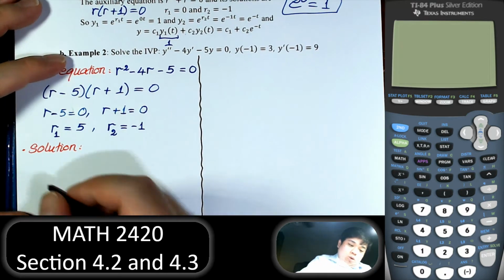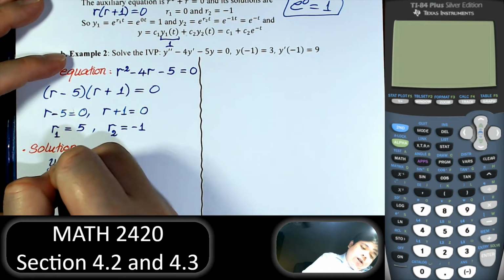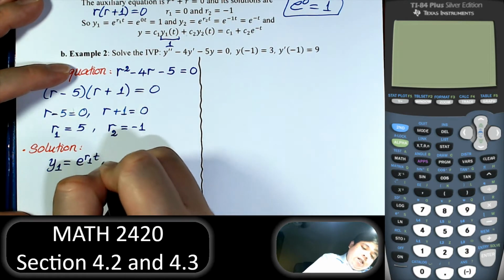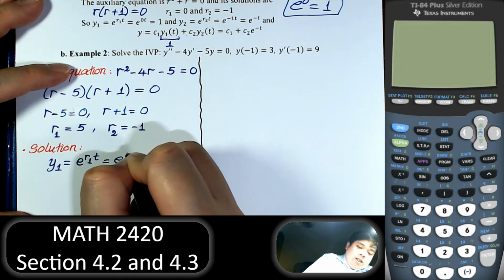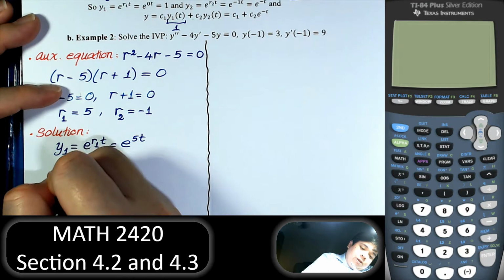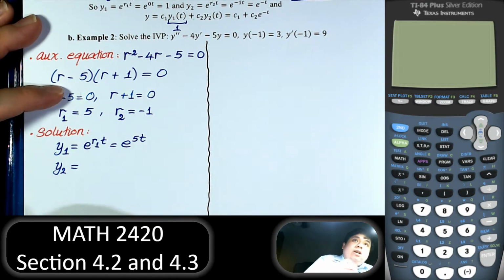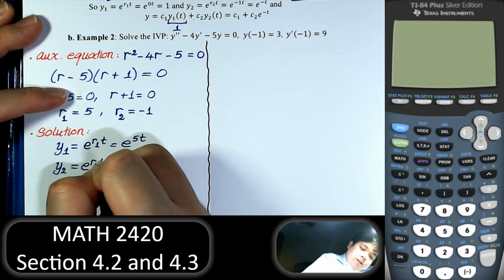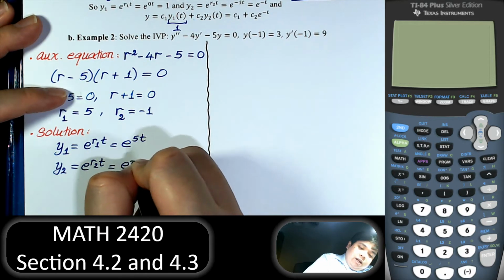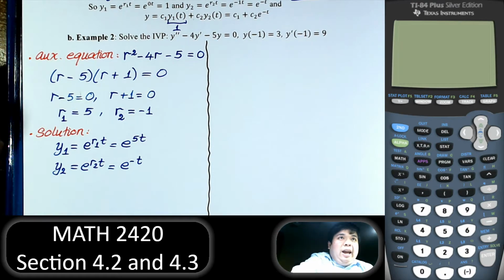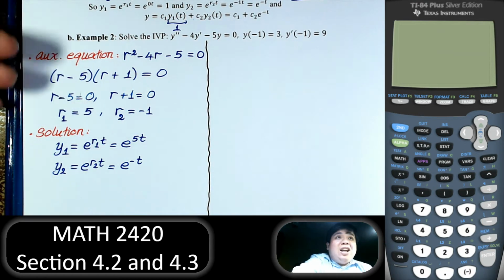So the solution will be y1 equal to e to the r1 t, e to the 5t, y2 e to the r2 t, so e to the -t, -1t or just -t. And of course we can show that they are linearly independent.